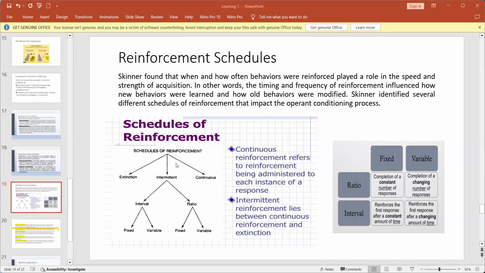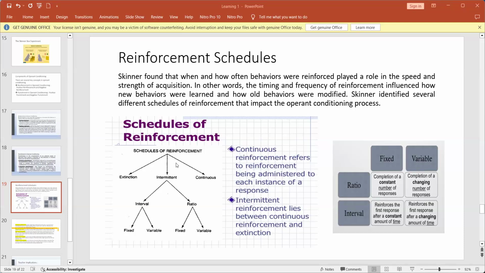Ratio refers to the number of times. Interval refers to a period of time. Now, what matters is whether it's fixed or variable.